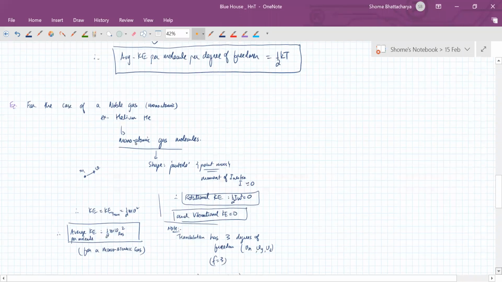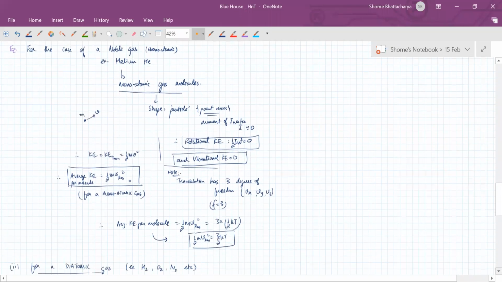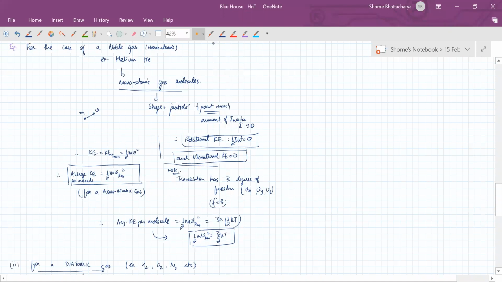Then we saw that for monoatomic gas molecules, there's only translation possible. So total number of degrees of freedom only becomes 3: 3 for translation, plus 0 for rotation, plus 0 for vibration.